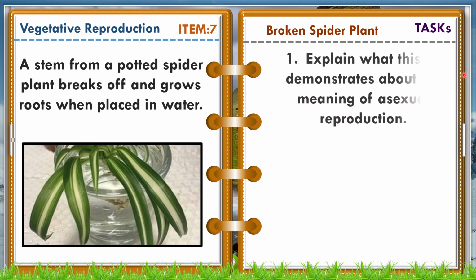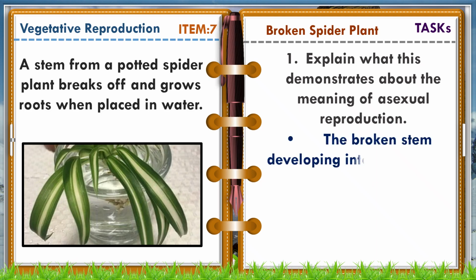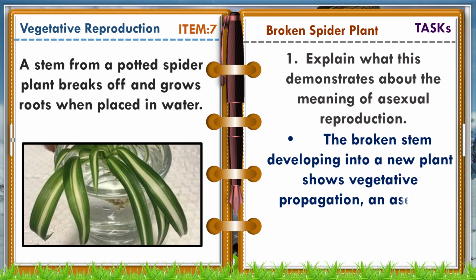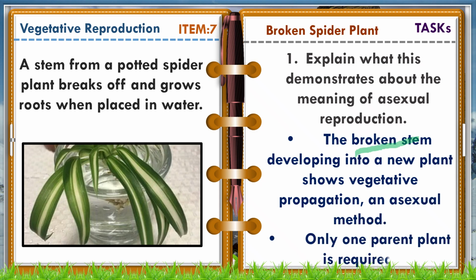Task: explain what this demonstrates about the meaning of asexual reproduction. The broken stem develops into a new plant, showing vegetative propagation, an asexual method.